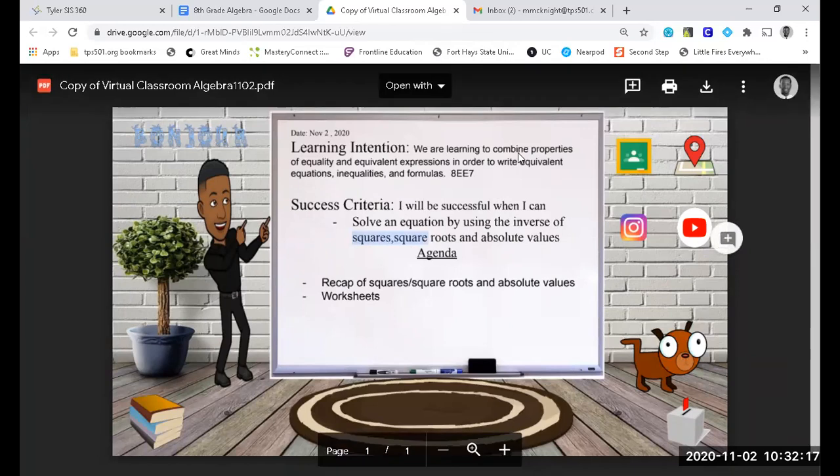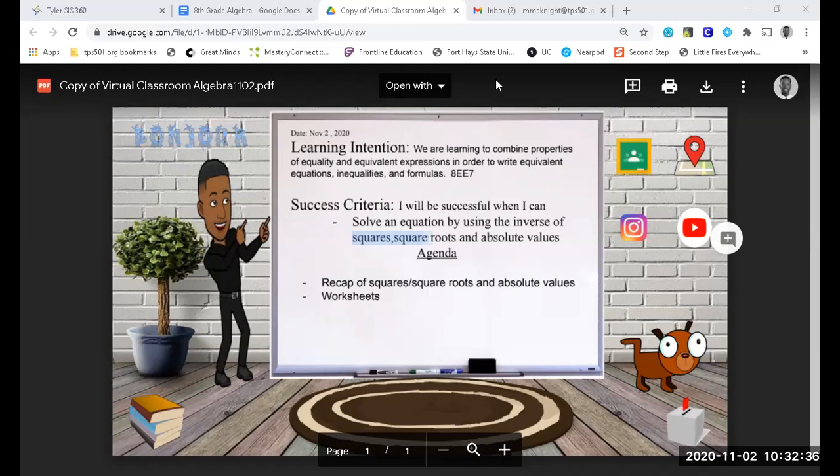The square root. So the inverse means the opposite. You know how the inverse of multiply is divide? The inverse of add is subtract. So yes, let me look at these responses in the chat. Yep, that is right. So the inverse of square is square root.